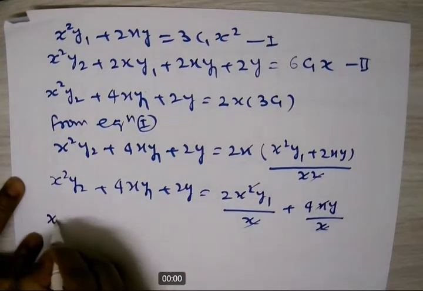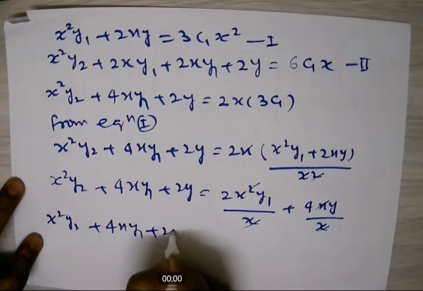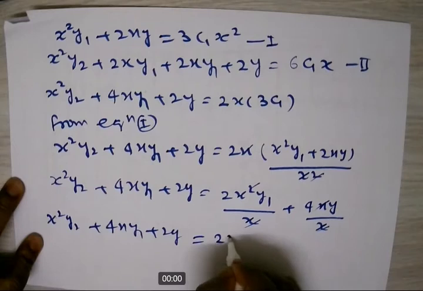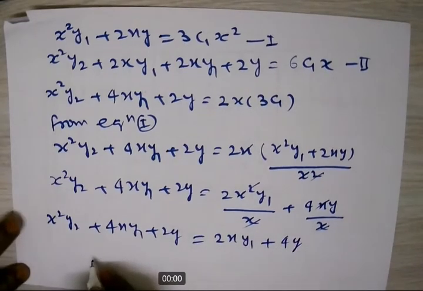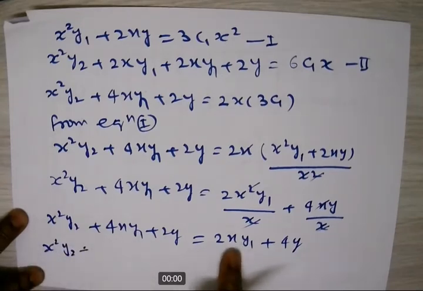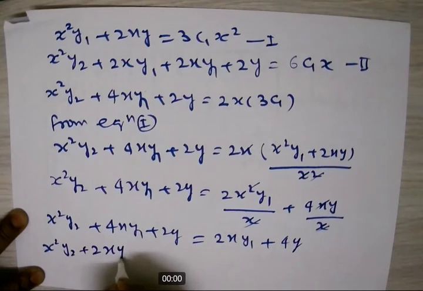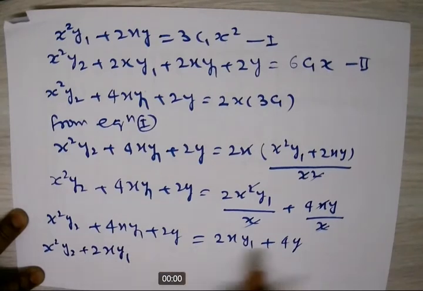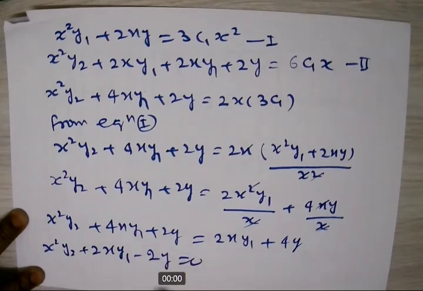So it comes x² y₂ + 4x y₁ + 2y is equal to 2x y₁ + 4y. Replace here. So x² y₂ plus, see that one here, 2x y₁ and here 4x y₁ minus. So it comes plus 2x y₁ + 2y − 4y, that means −2y equal to 0.